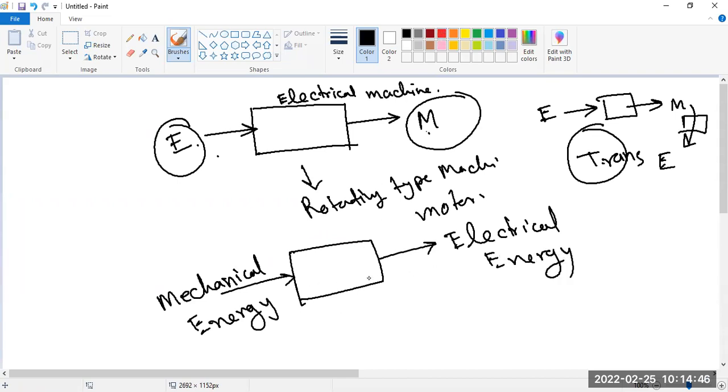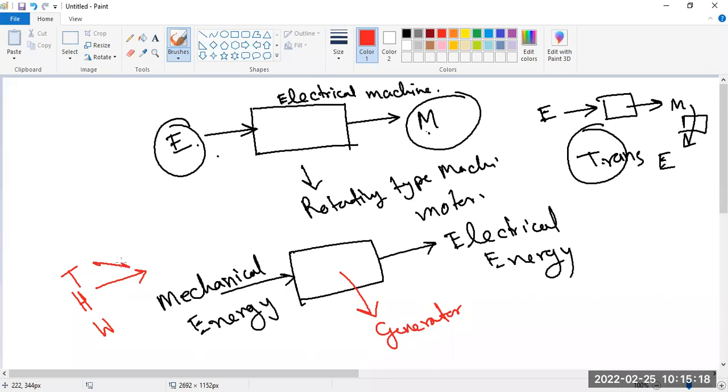This is called the generator. In a generator we may use hydro energy, that is hydroelectric energy, or a wind turbine, that is wind energy, or thermal energy, and then we can get electrical energy.